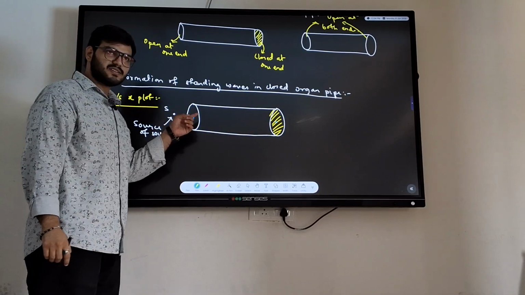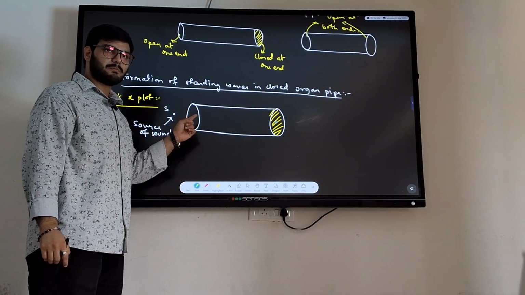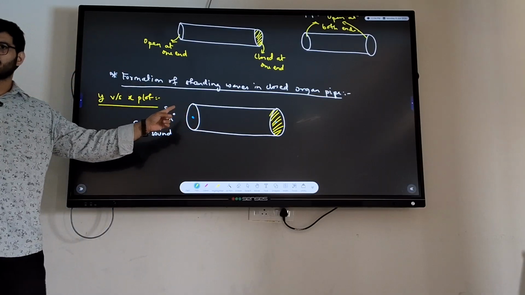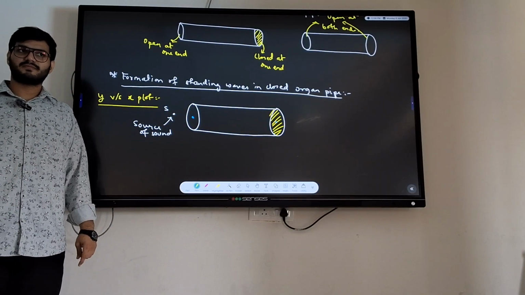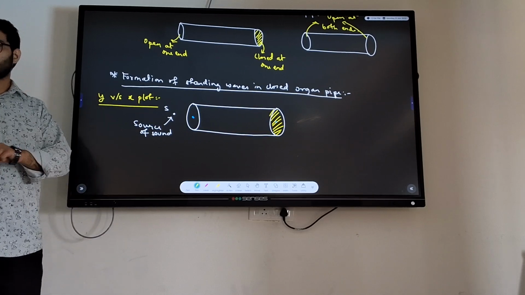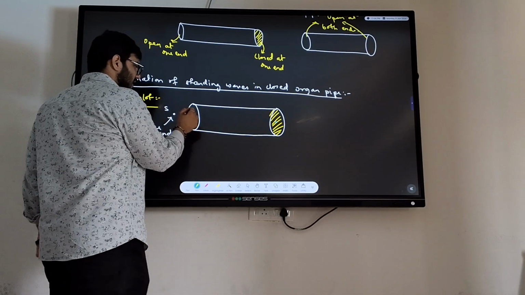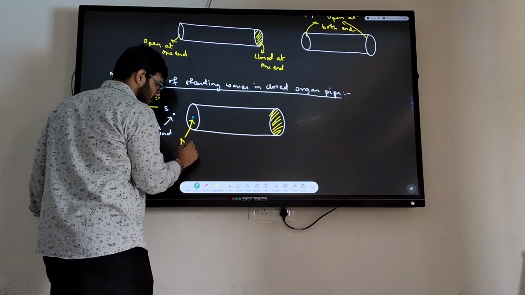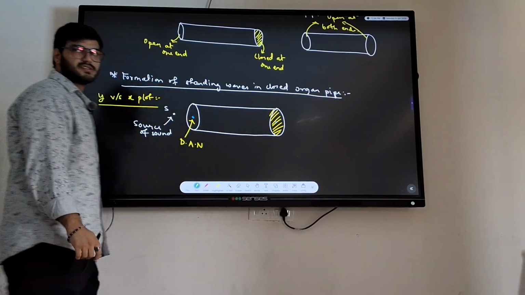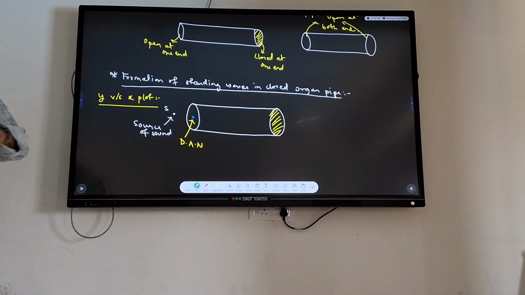then how should the y versus x plot look? If this particle has the freedom to gain maximum amplitude here, then what should form here? Antinode, displacement antinode to be more precise. So I will have a displacement antinode here. What about here? Does it have room to move around?